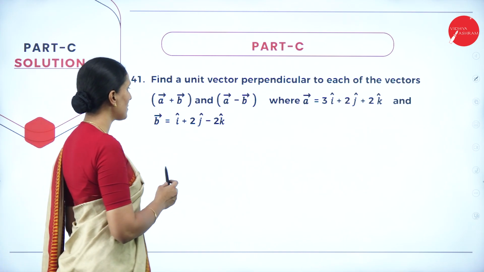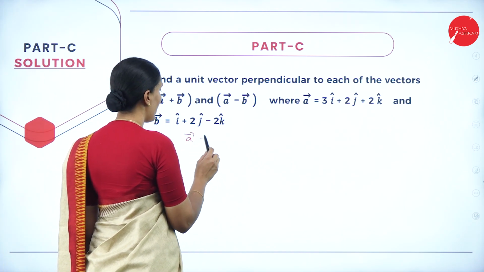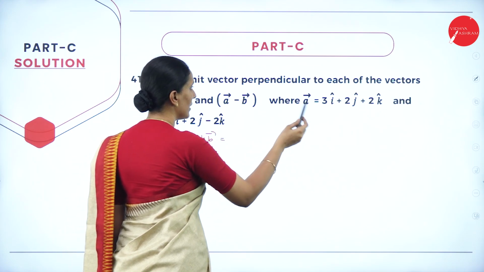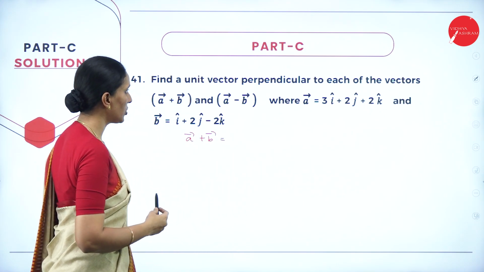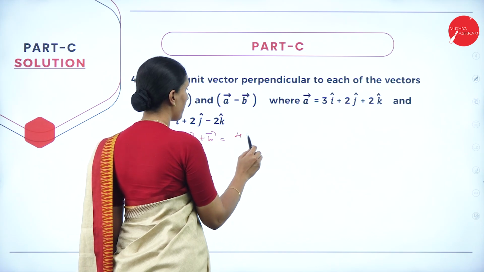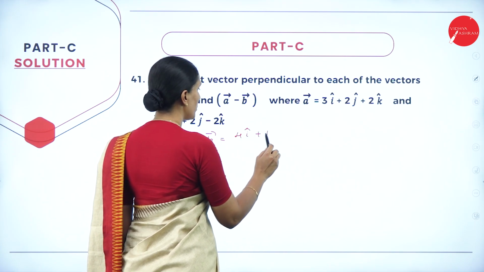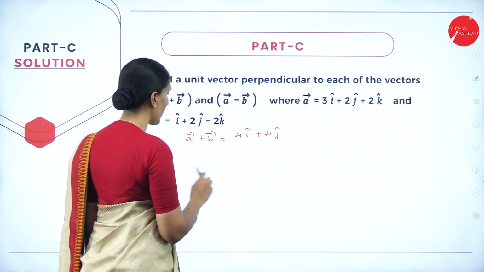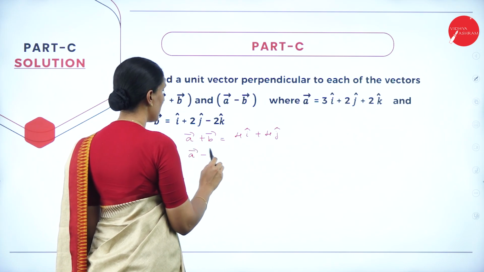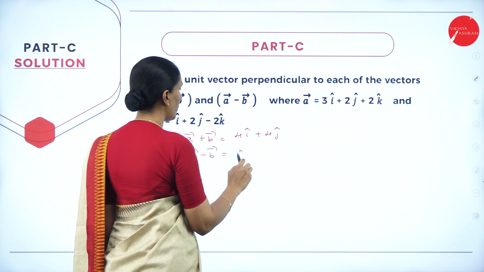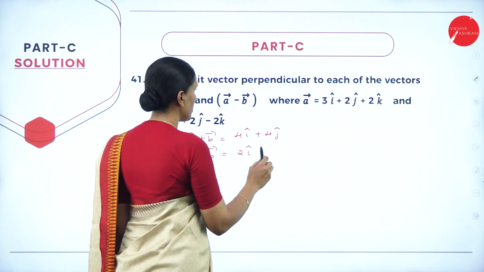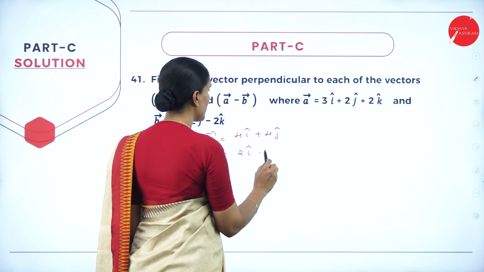So let's find a plus b and a minus b. If we find a plus b, let's add the scalar components with respect to i, j, k. So we get 4i plus 4j plus 0k. Vector a minus vector b is 2i, 0j and plus 2k.